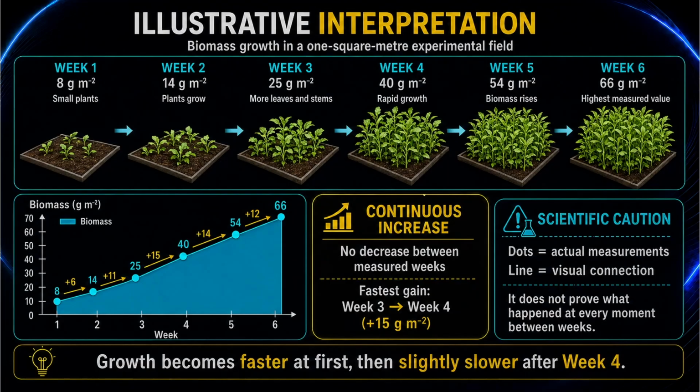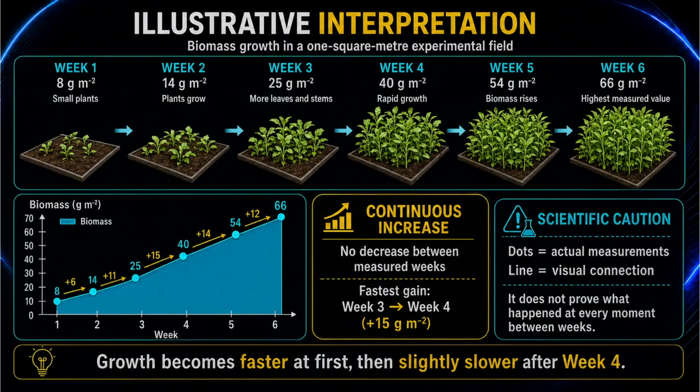Now let's interpret this graph as a simple plant growth story. In week 1, small plants have a biomass of 8 grams per square meter. As more leaves and stems develop, biomass rises to 14, 25 and then 40 by week 4. Rapid growth continues, reaching 54 in week 5 and the highlighted measured value 66 in week 6.